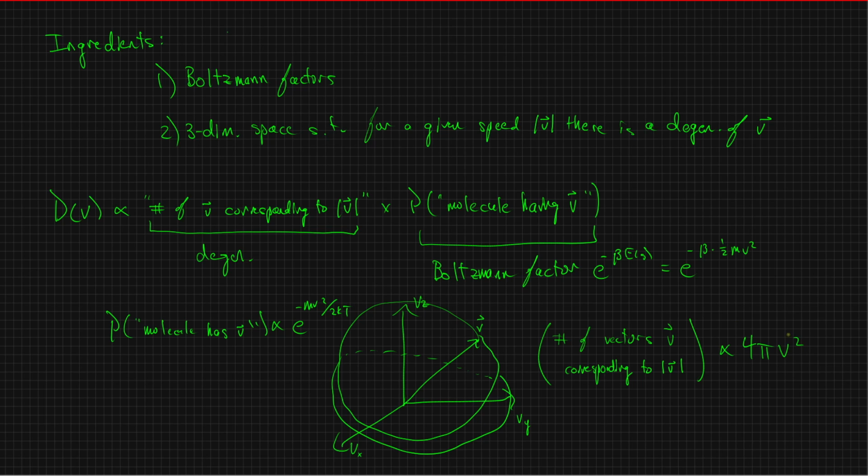That's just the surface area of the sphere. So basically, the bigger v is, the more space there is for other velocity vectors to appear on here and have the same magnitude. So it'll always be proportional to something like that, and I write proportional because there's some constant of proportionality that'll put them together.